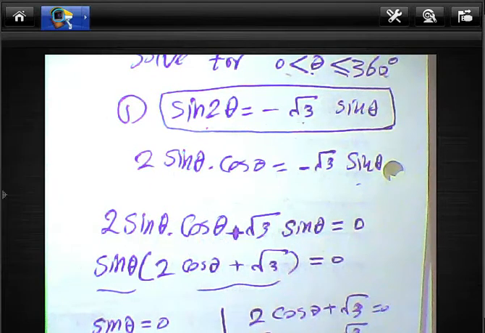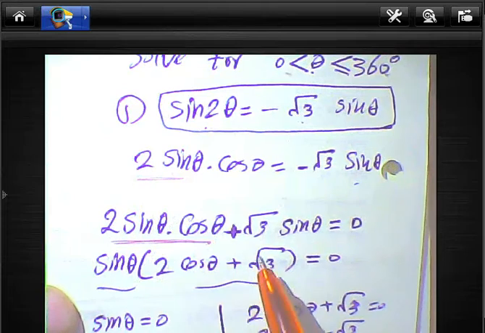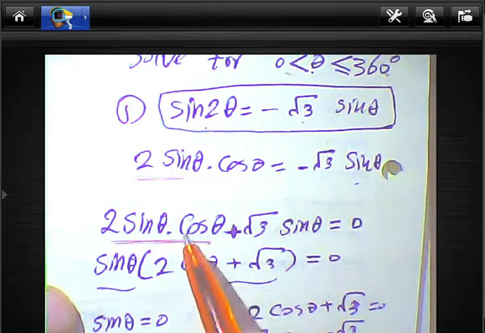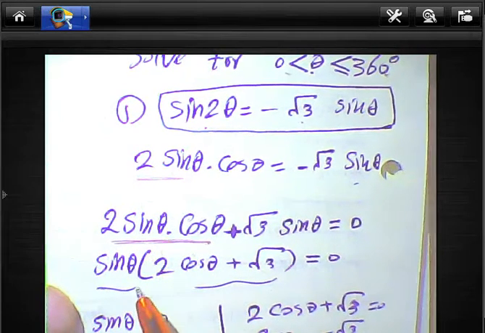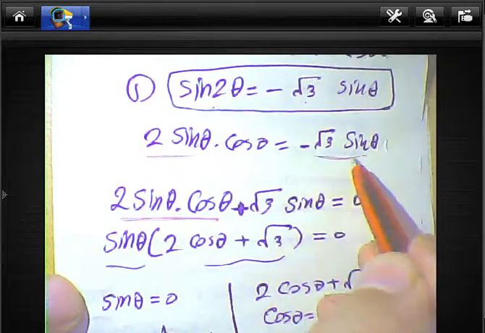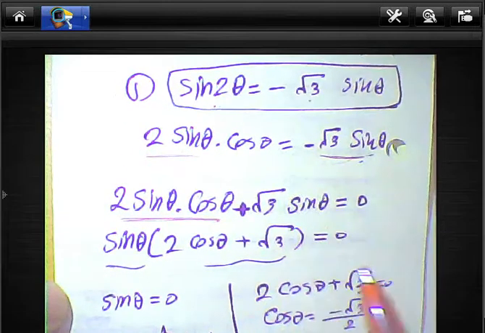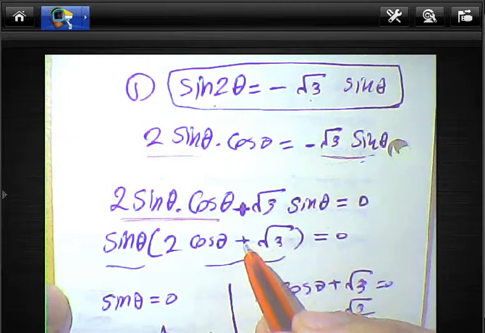We know sine 2 theta equals 2 sine theta cosine theta, so we can write 2 sine theta cosine theta equals negative root 3 sine theta. We can move negative root 3 sine theta from the right hand side to the left hand side and it becomes positive.